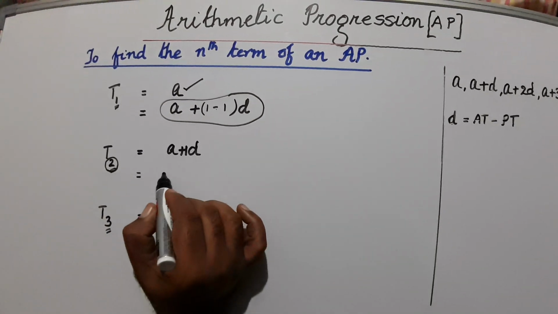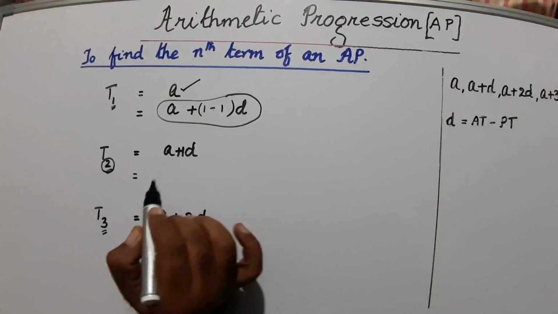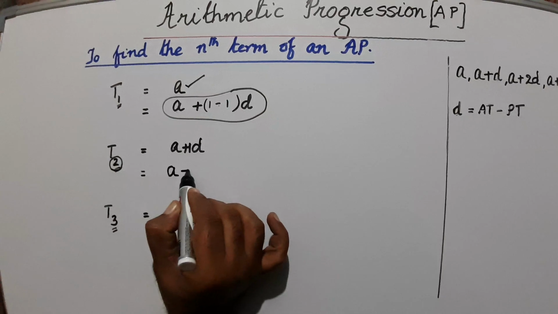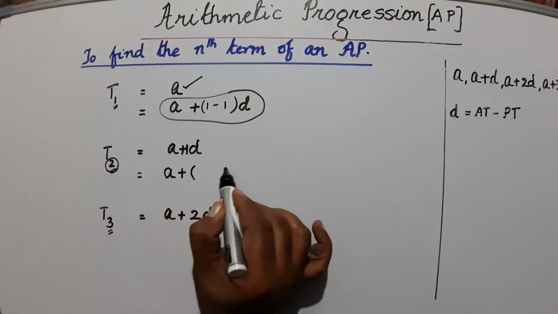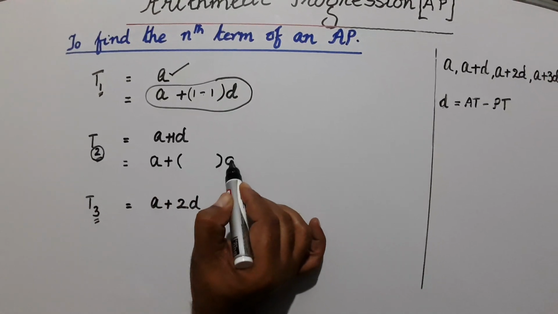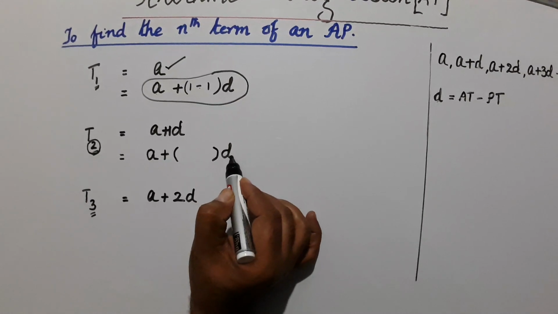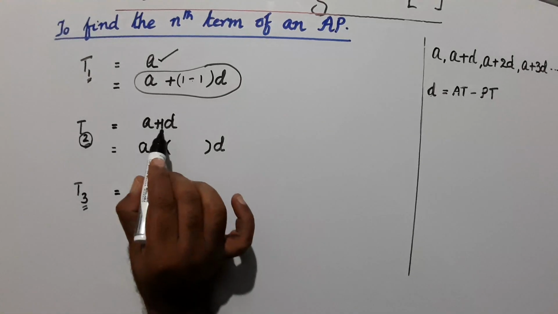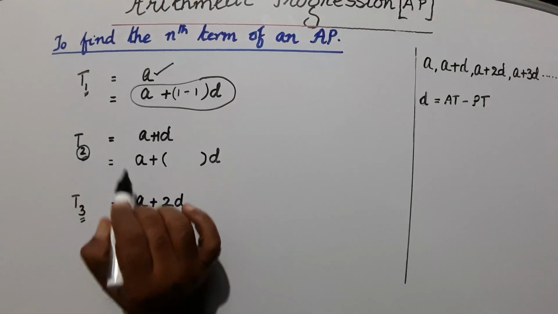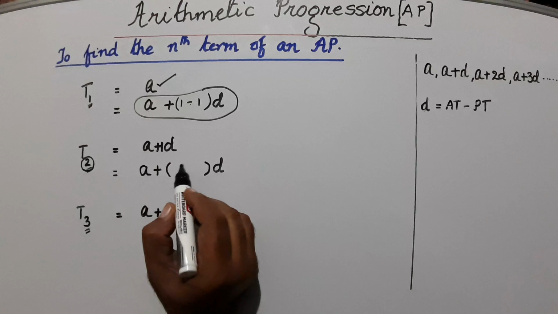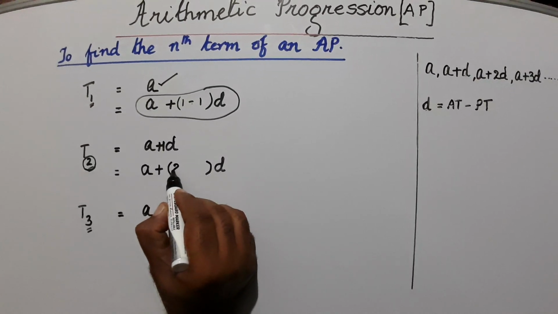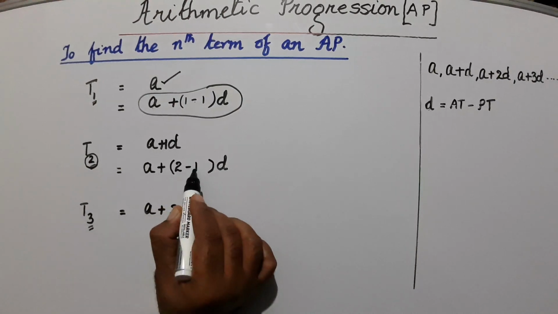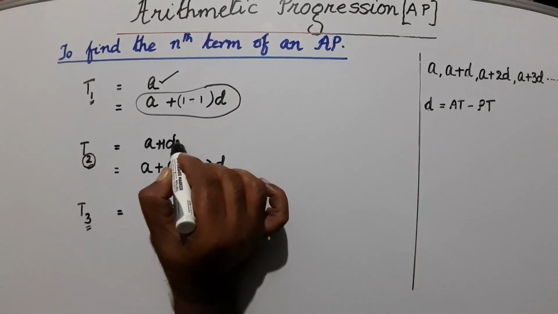So how do I do that? a and d are already there: a plus d, written a little spaciously, separately. Now, this suffix 2 has to be written. The value should not change. So I will write it as 2 minus 1. 2 minus 1 is 1. 1 into d is 1d.